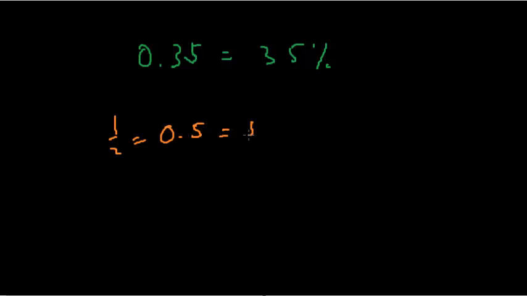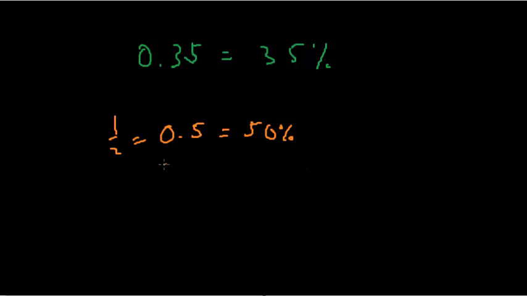So to recap, if I'm converting a decimal into a percent, say 0.35, I move the decimal place 2 places to the right to get 35%, and vice versa, going from 35% to a decimal, I move it 2 places to the left. For a fraction, I need to first convert it into a decimal, and then convert that decimal to a percent.